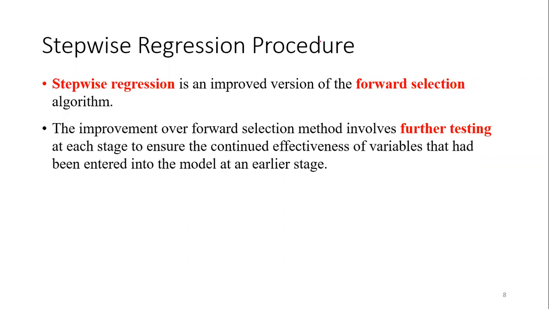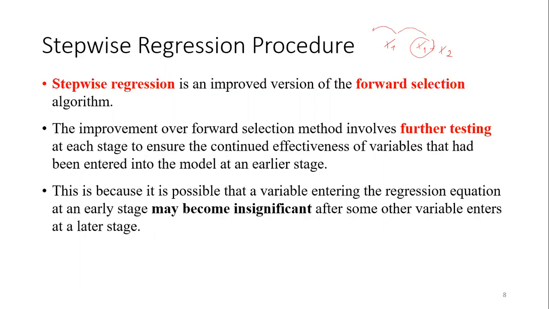For example, we add x1 to this model, then we add x2, then we check whether we can remove x1 from the model. So we apply forward and backward together.